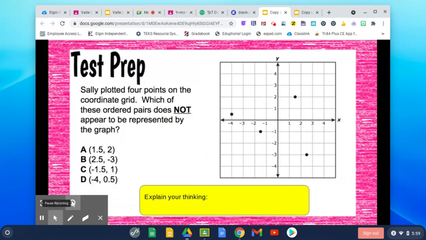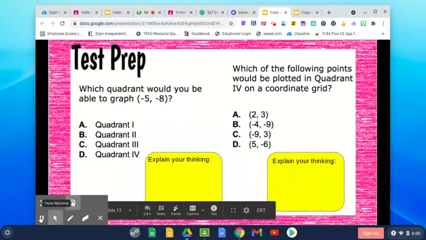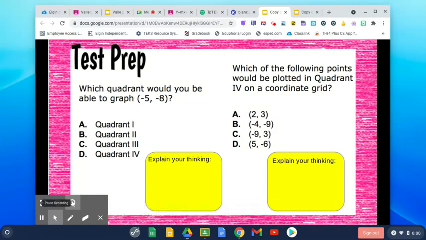Which of these ordered pairs does not appear to be represented by the graph? Which quadrant would you be able to graph (-5, -8) in? In which quadrant would that be located? The next question is, which of the following points would be plotted in quadrant 4 of the coordinate grid?